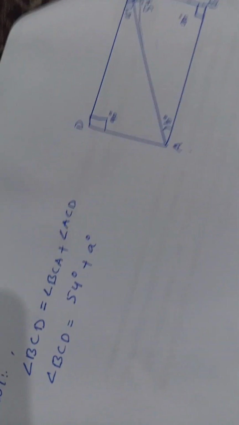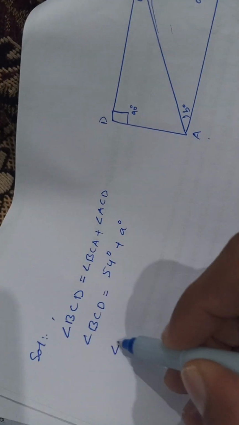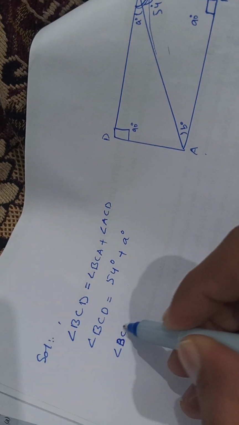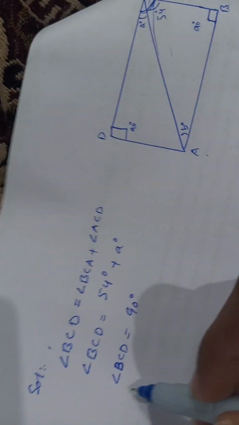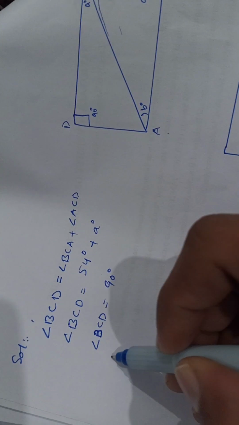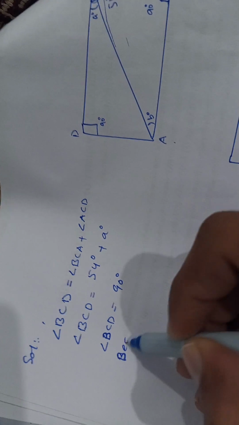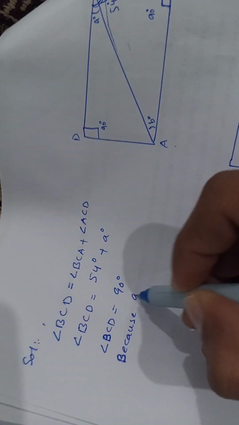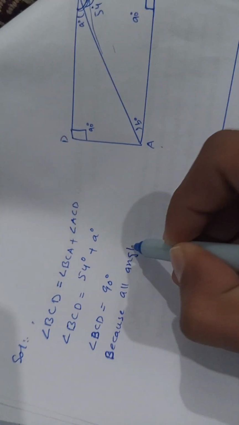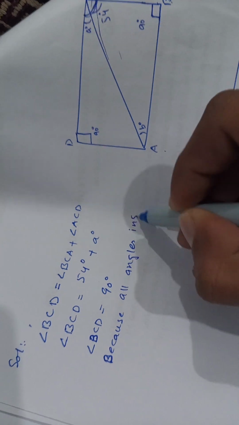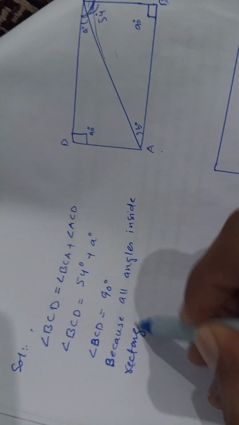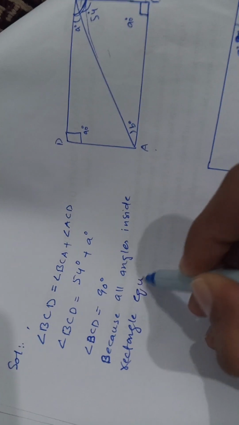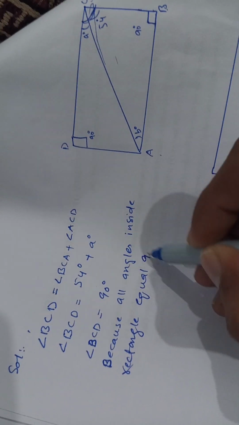Since we know angle BCD equals 90 degrees, we have to mention the reason: because all angles inside a rectangle equal 90 degrees.